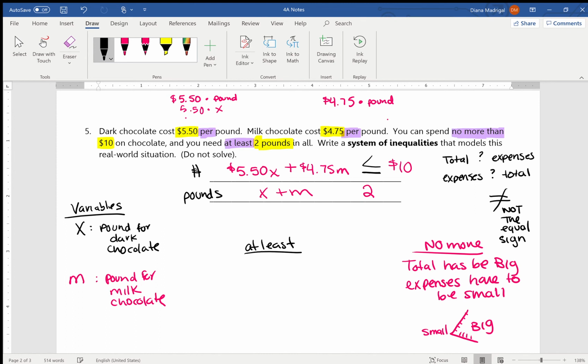At least means that it has to reach 2 pounds, but it can be more than that. However, it cannot be less than 2 pounds. That means that the total has to be less, and then the expenses have to be more.